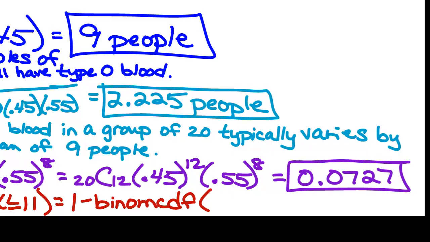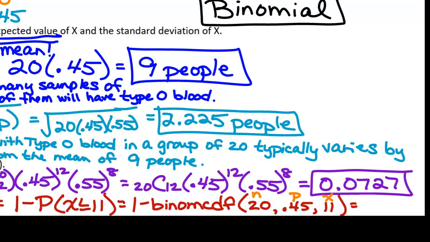Yep, n goes first, and it'll prompt you on the calculator. So we would have 20. We're going to label that as n. Please, please, please make sure you are labeling these pieces. P is 0.45, and I am going to label that as P. And then x would be 11 here. I'm going to put an x over the top. And then I can type that whole thing into my calculator just like that. I get 0.058.